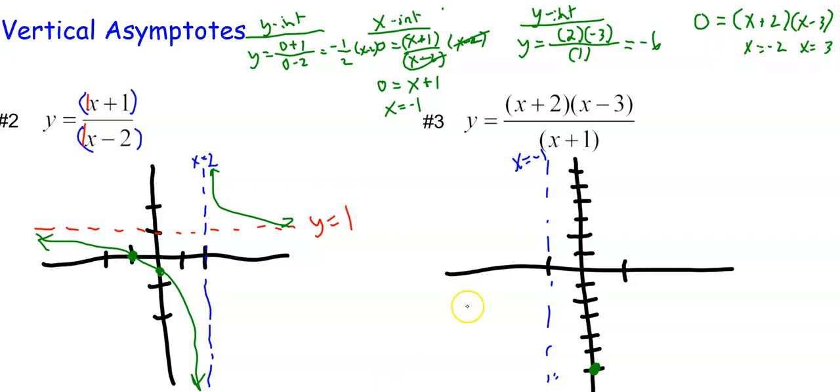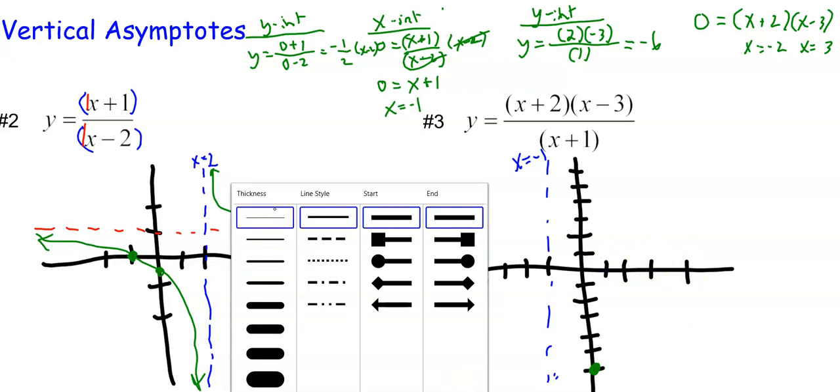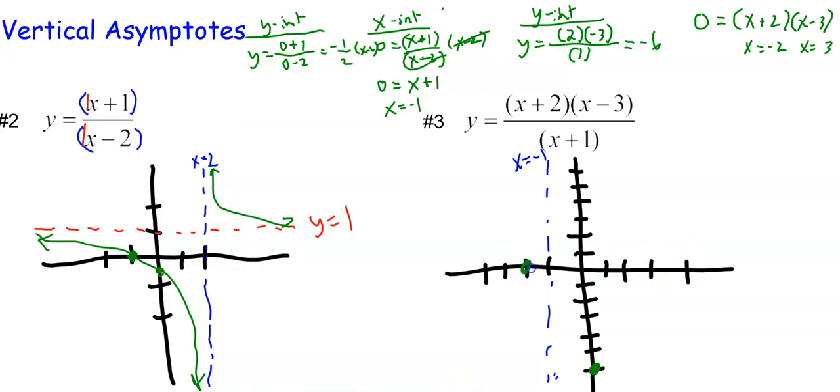So let me graph those here. Okay, x equals -2 right about there. x equals 3 right there. So on the right side, I have a pretty good idea what's happening here.